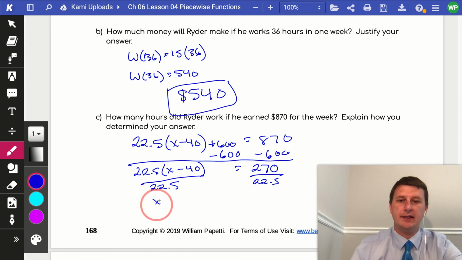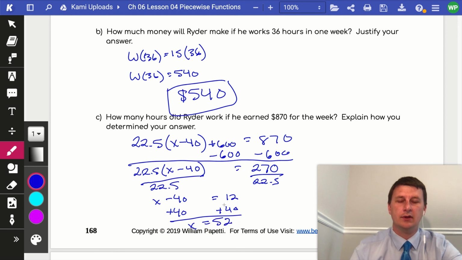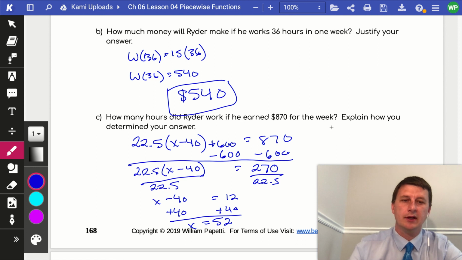And I'm going to have x minus 40 is equal to 12 as my answer when I divide those. And finally, I'll add 40. And I'm going to get x is equal to 52. So if Ryder made $870 for the week, he worked 52 hours.